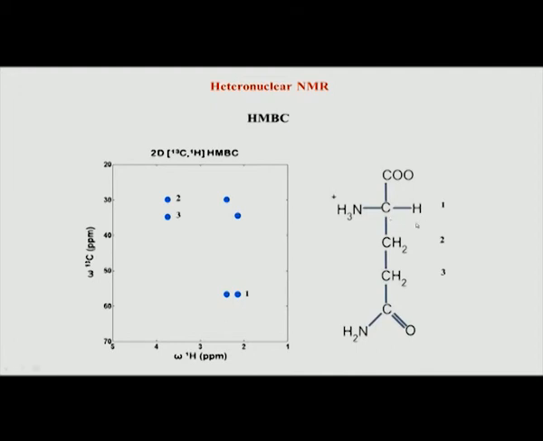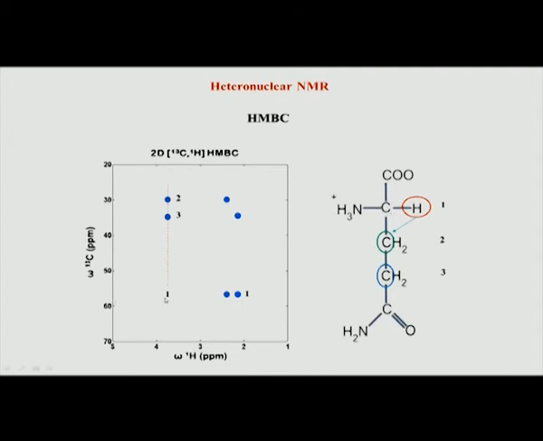We will not go into the pulse sequence details, but let us look at what information we get. Let us come to this spectrum. Here, this vertical dotted line corresponds to proton number 1, which we saw in the HSQC around 3.5, and the carbon was around 60 ppm.